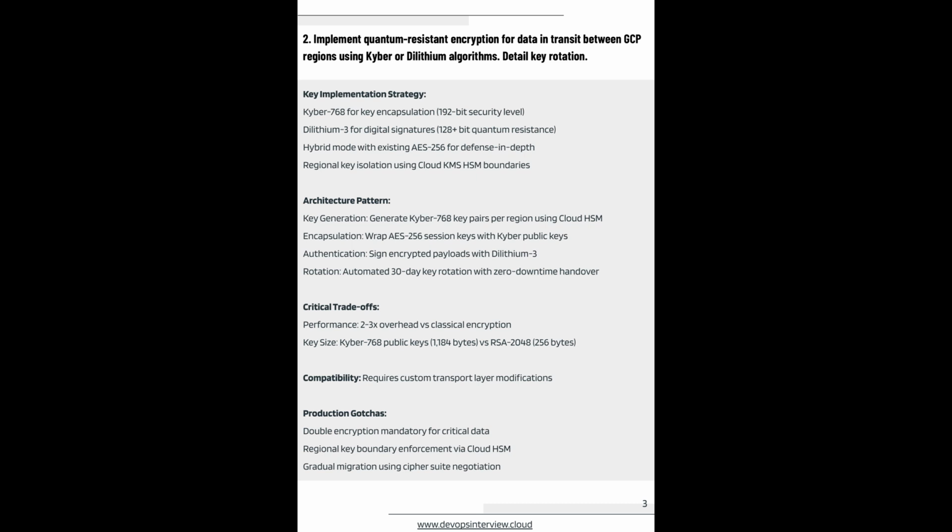We're talking Crystals-Kyber for key exchange, Crystals-Dilithium for digital signatures. And importantly, this isn't a rip and replace. It's a smart hybrid approach. These new algorithms run alongside the classical ones. All of this is underpinned by really meticulous, multi-layered key rotation schedules and careful performance management. The goal is secure and seamless inter-region data transit, even against those future quantum adversaries.